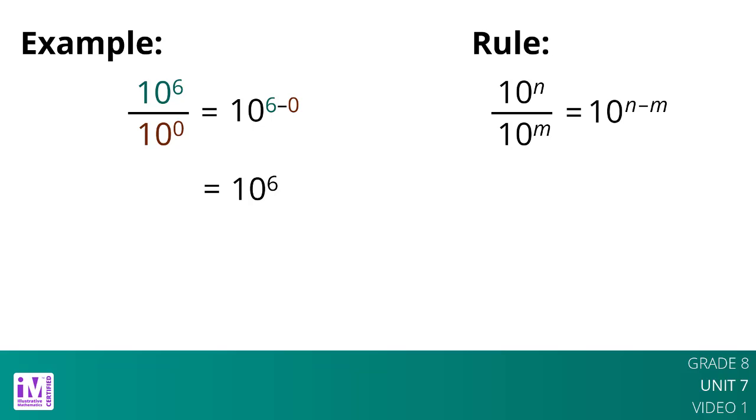So dividing 10 to the 6th power by 10 to the 0 power doesn't change its value. That means that if we want the rule to work when the exponent is 0, then it must be that 10 to the 0 power equals 1.